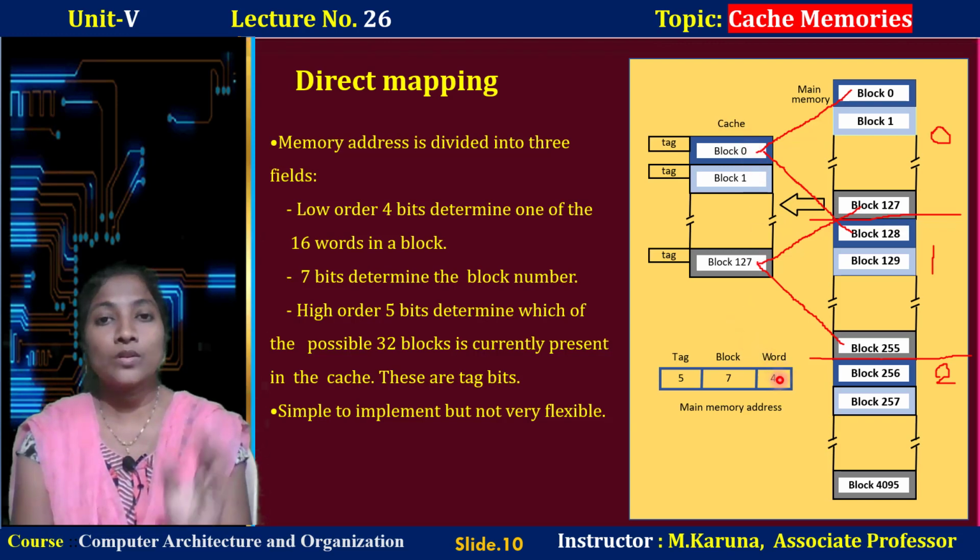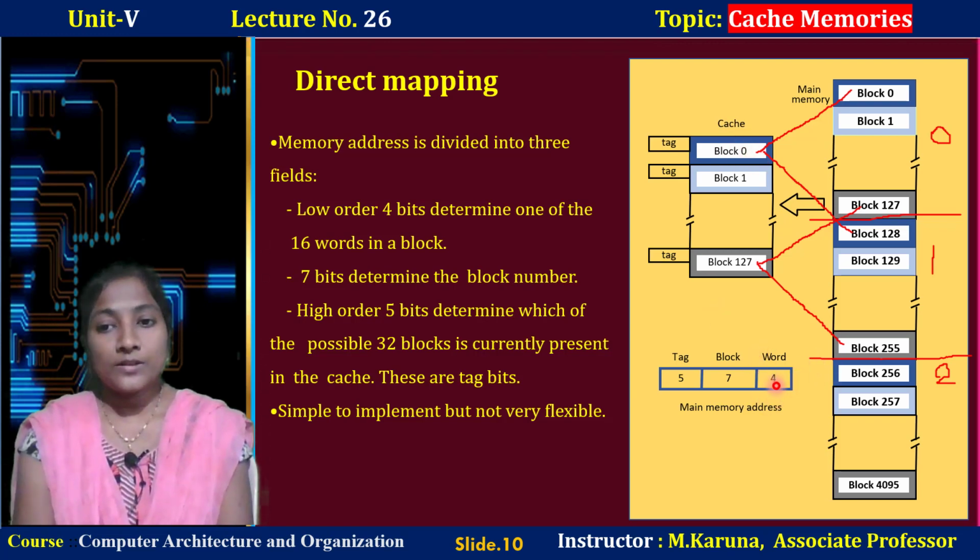Suppose the word field is all 4 zeros. That means the 0th memory location of block 0 is selected. Next, 0001 means the first memory location of block 0 will be selected. These 4 bits are used to determine the memory location within the block, because a block contains 16 memory locations.